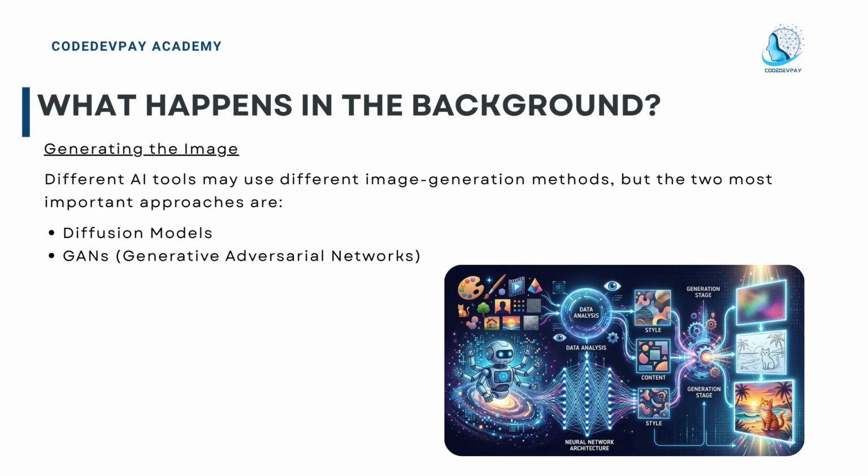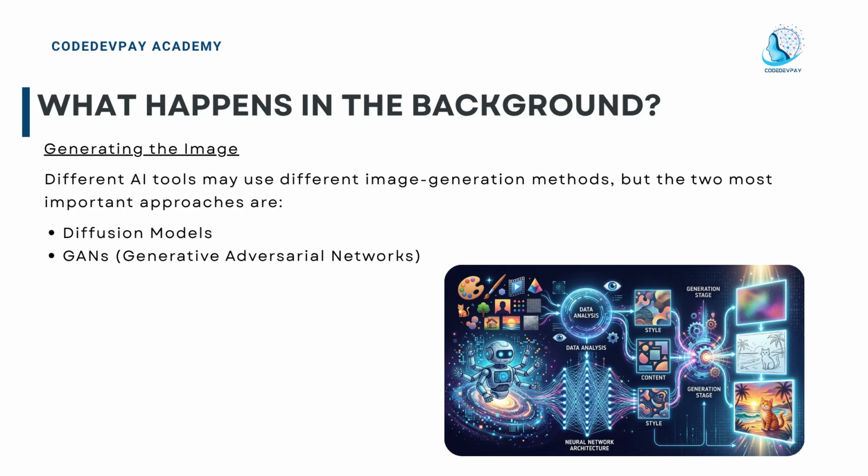GAN has two main parts, the generator and the discriminator. In this case, the generator would be the thief, and the discriminator would be the police. The generator would generate a fake image, and the discriminator will check whether the image looks real or fake.